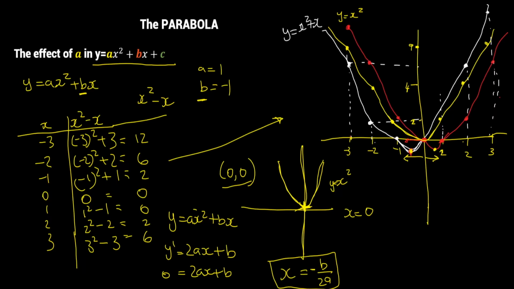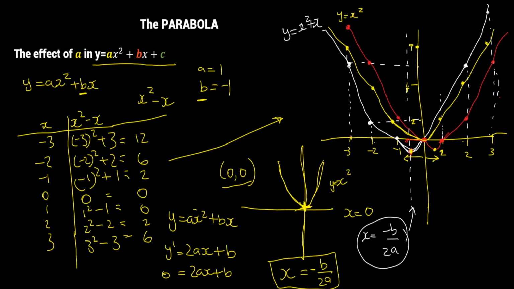But now that we shifted the graph, the axis of symmetry is also shifting. And now the axis of symmetry is at the x value of the turning point, which is x equal to minus b over 2a. And that is that point. So the value of b shifts your axis of symmetry either to the left or to the right.